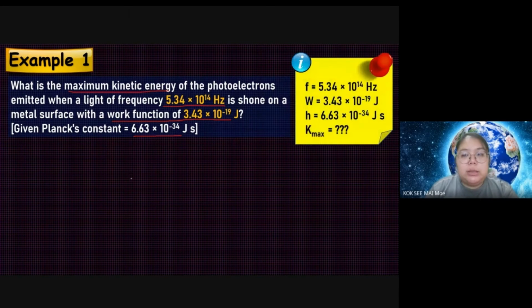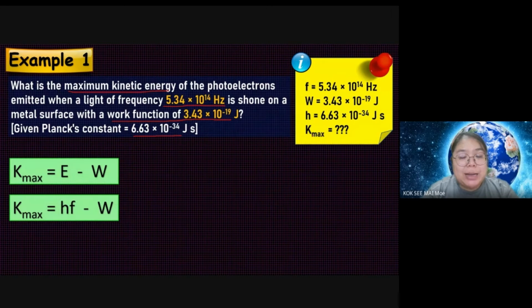What is the important info? First, we know the frequency. Number two, we know the work function. And number three, we know the Planck constant. So we want to find K max. Okay, remember the K max formula? K max equals E minus W. From here, E the question never provided.